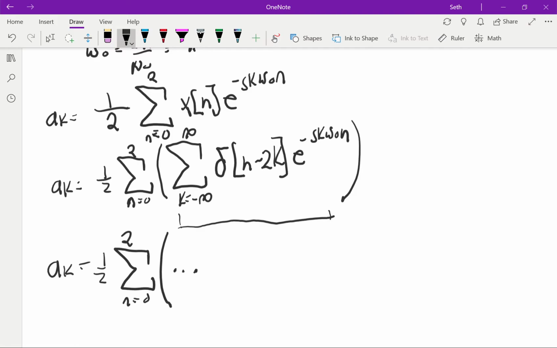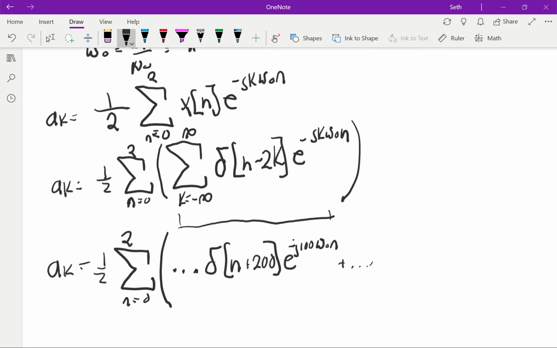So let's say, since we can't start at negative infinity, we'll say minus 100. So these are all the preceding terms, like delta n plus 200 times e to the plus 100 omega naught n, because they cancel. And then it keeps going.